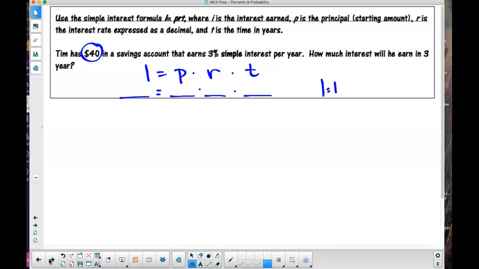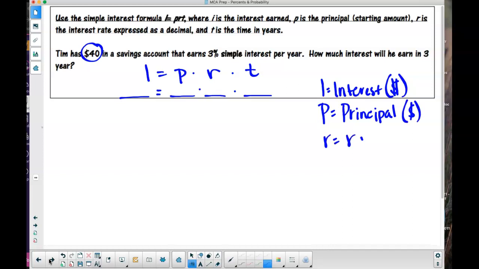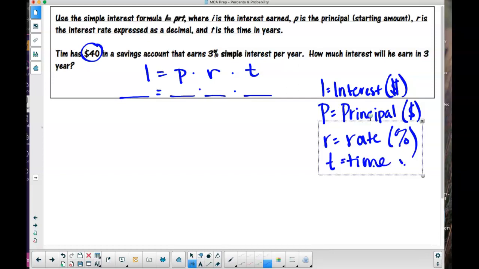I stands for interest. Interest is a dollar amount. Okay, P stands for principal. And that's also a dollar amount. R stands for rate, which is a percent. And T stands for time, which is years.